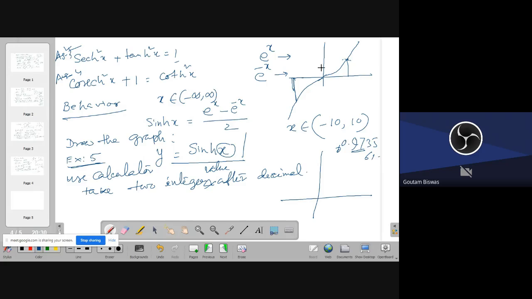You will get a continuous curve, just slightly modulated here, and it is going increasing. On this side it is going decreasing, on this side it is going increasing, and you will get the sinh x curve. But you must remember it, because you have one thing in your syllabus, that is tracing of the curve, and that will be taught after some time.